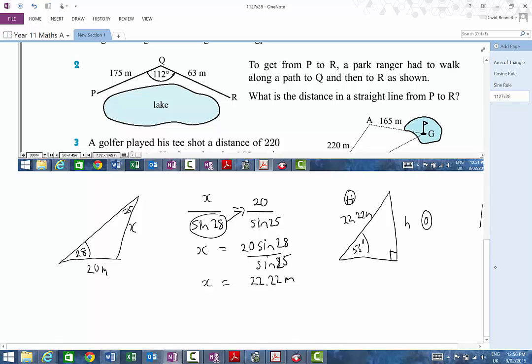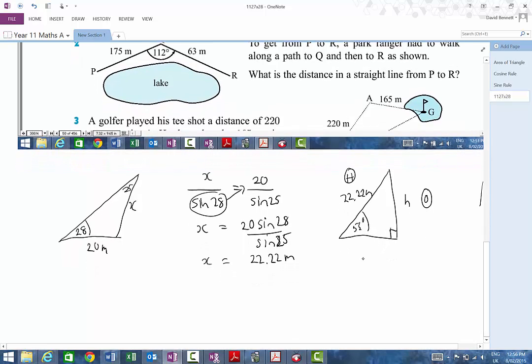So then I can simply use sine to do that. So I can go sine of 53 degrees equals opposite, which is h, all over 22.22. So therefore h is equal to 22.22 sine 53 degrees.